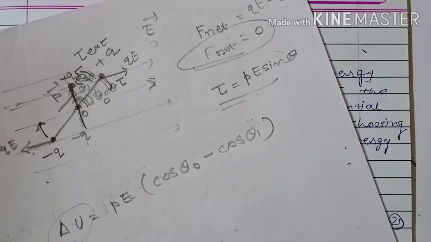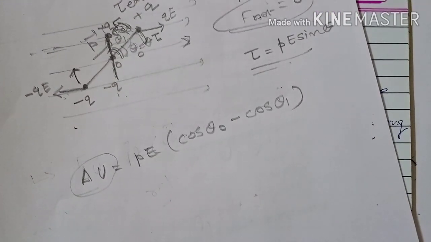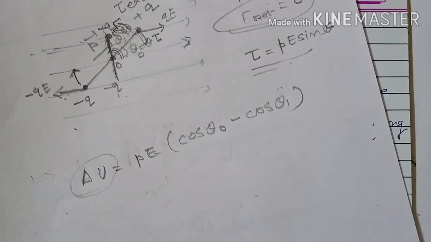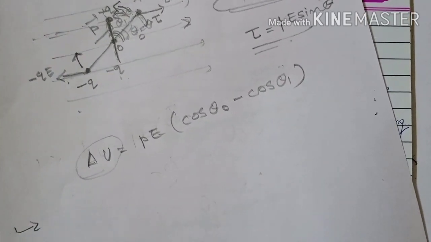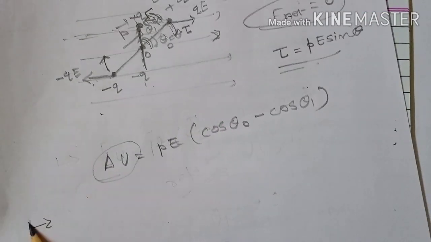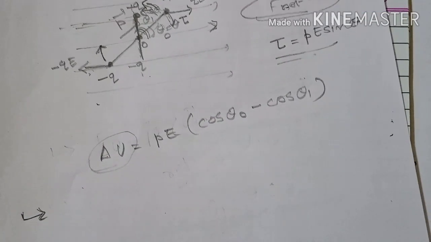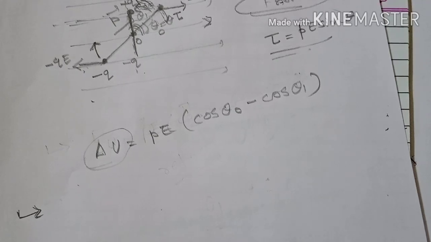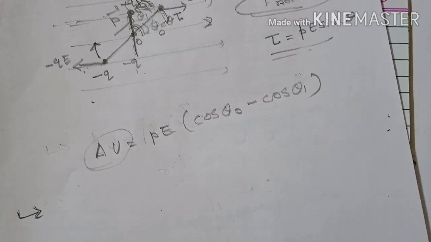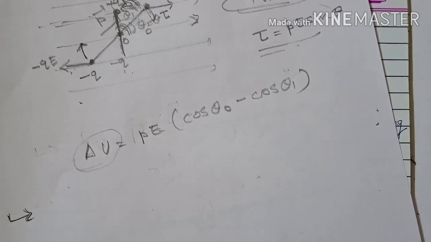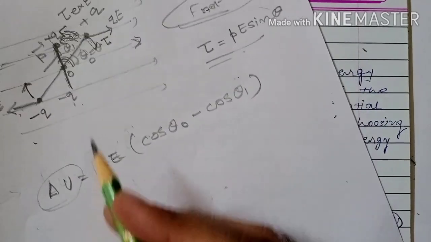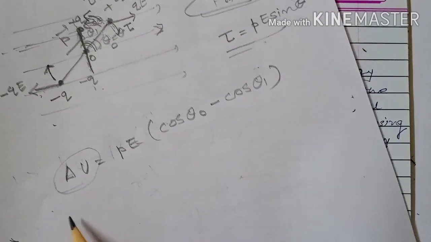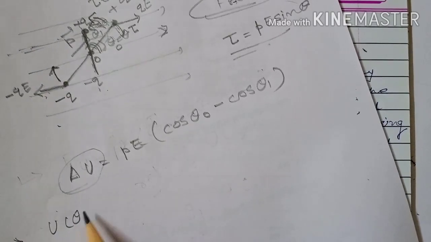What we are getting is the change in potential energy. But if we have to find potential energy at some angle, then we have to consider some reference angle. When we were bringing a charge from infinity to a given point, we considered potential energy 0 at infinity. In the same way here also we have to consider potential energy 0 at a particular angle. So if you want to find potential energy at a particular angle theta, I am interested in U theta.